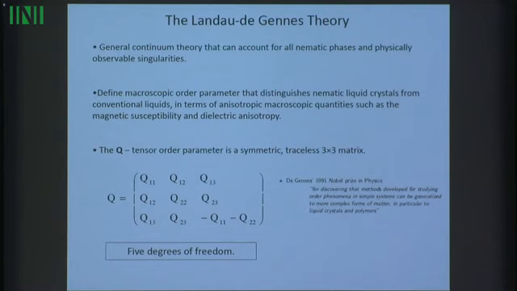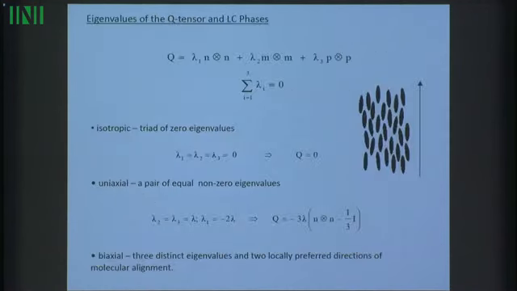And being a mathematician, I see this Landau-de Gennes Q-tensor order parameter as a symmetric, traceless, 3x3 matrix with 5 degrees of freedom. So I'm effectively dealing with a mathematical object, a matrix, which has these 5 degrees of freedom, and these degrees of freedom contain information about both the degree of orientational order and also the preferred directions of averaged molecular alignment.